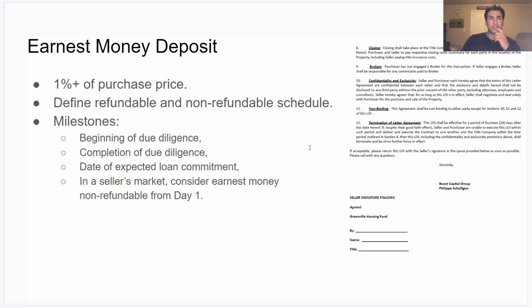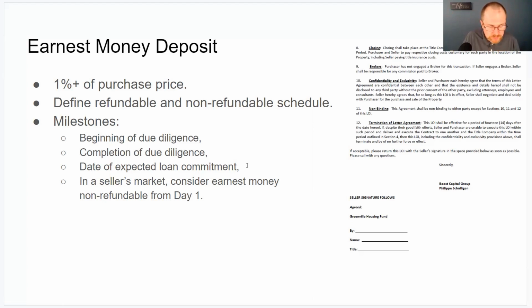Another milestone you could use is the loan commitment, but that could arrive much later, maybe 45 days. It's another way to show your commitment to closing.